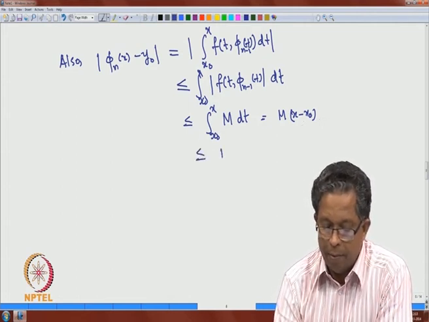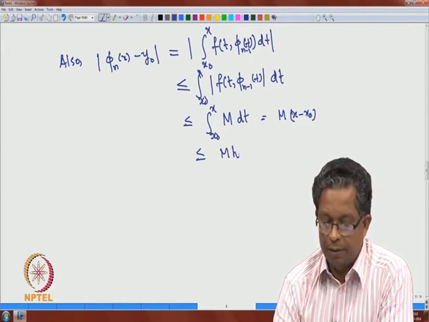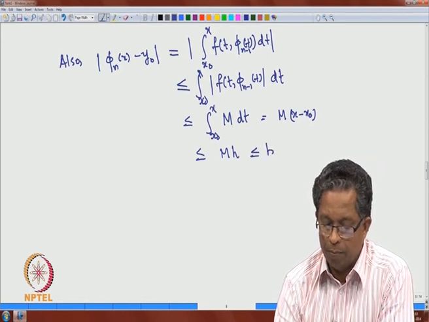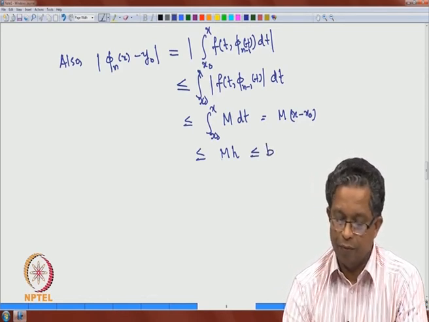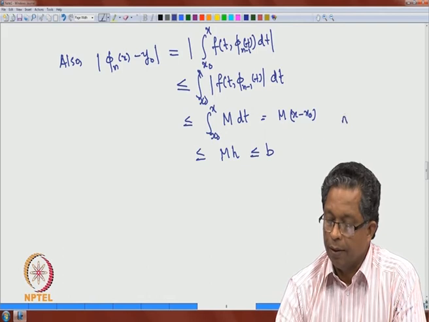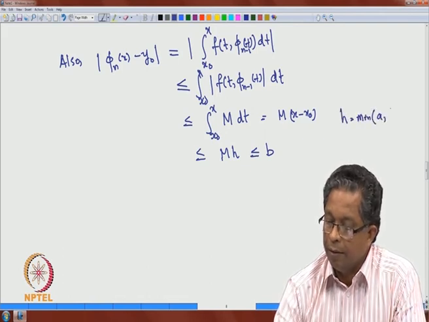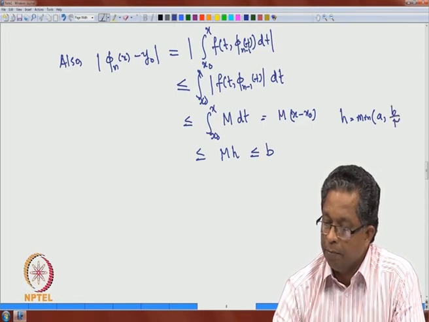So, this is less than or equal to M h, and M h is obviously less than or equal to b by the definition of h. So, h is the minimum of a, b by M.